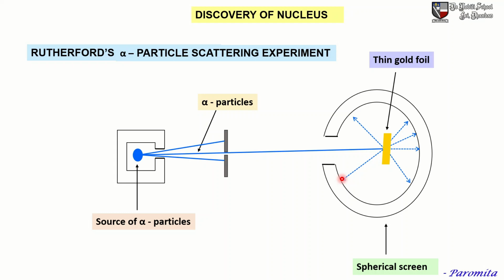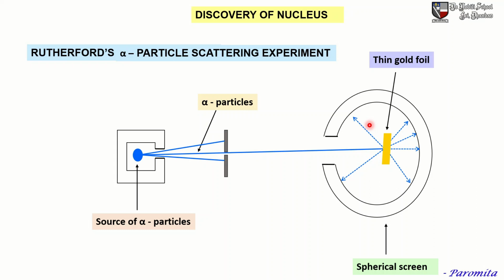Rutherford found that most of the alpha particles crossed the gold foil and struck the fluorescent screen placed around the foil and produced flashes. Some of the alpha particles came back and produced flashes in front of the foil. He counted the scattered particles in different directions.